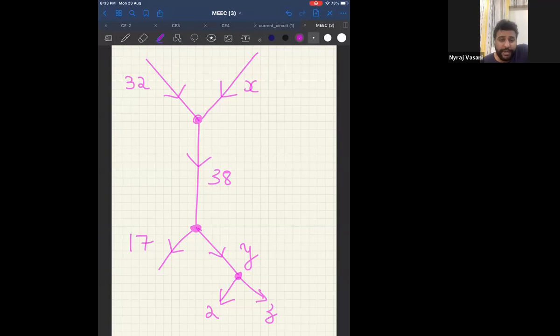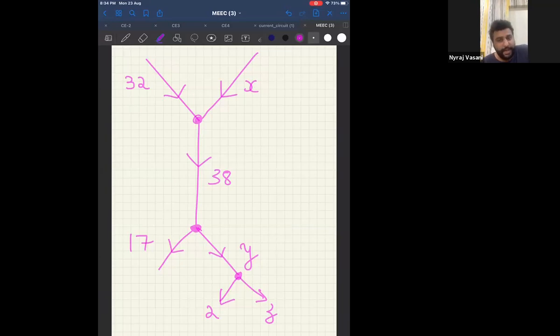Now, Kirchhoff's voltage law, listen to me carefully: the total voltage in a loop is zero. That is why it is also called the loop law, or voltage law, or in short, KVL.